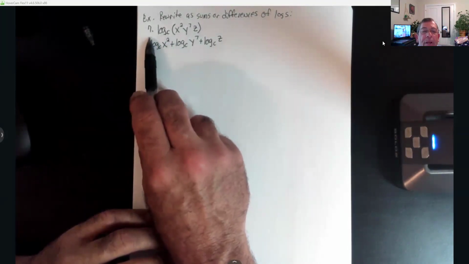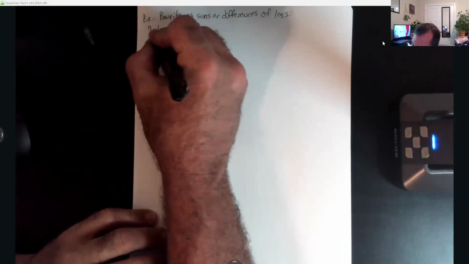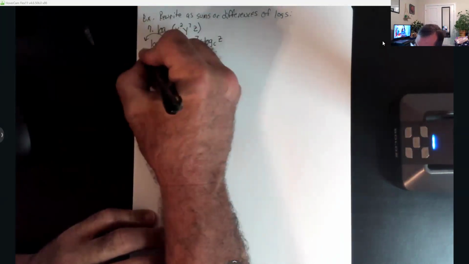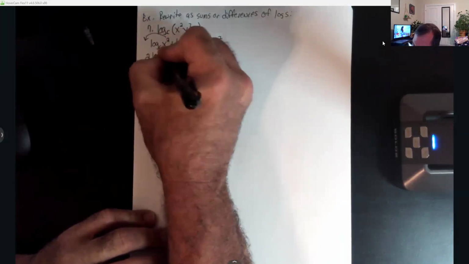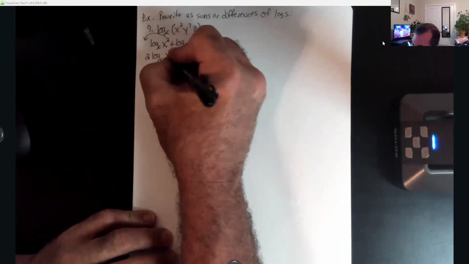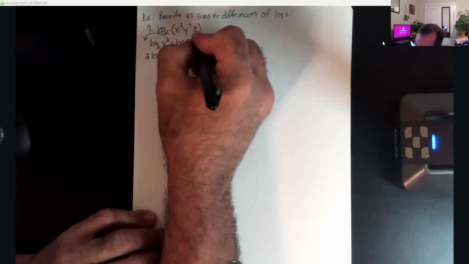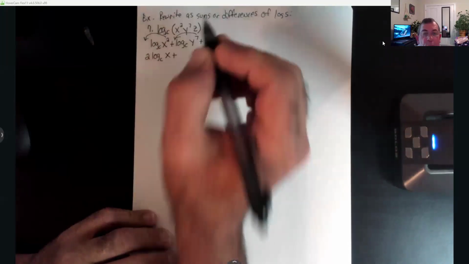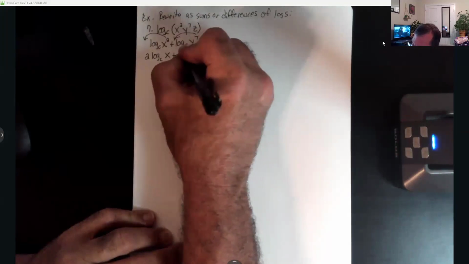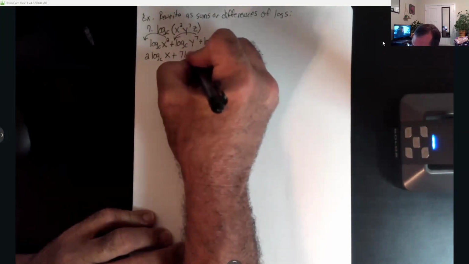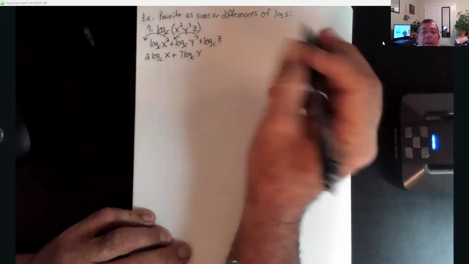So we got to bring the 2 down to the front on the first log so that you get a 2 log base c of x, plus the second log. We got to bring that 7 down to the front and make that a 7 times the log c of y.